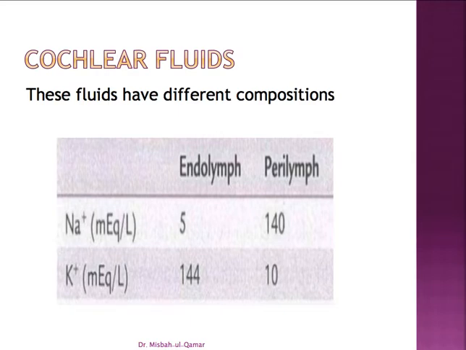So there is a voltage difference between the endolymph and the perilymph of around 80 millivolts. This is very important in understanding the endocochlear potential.